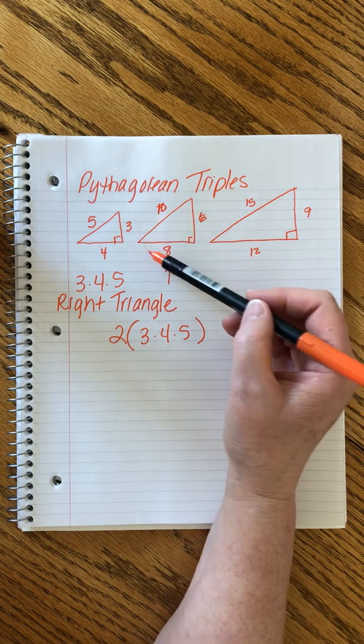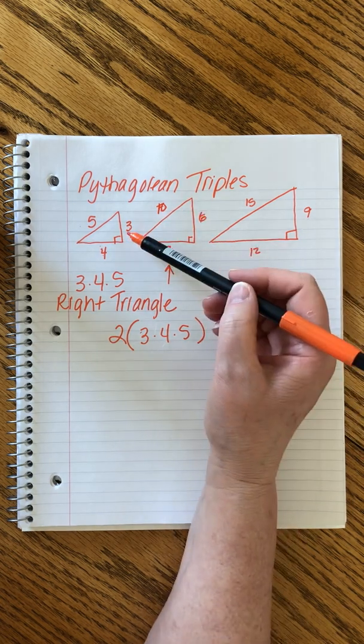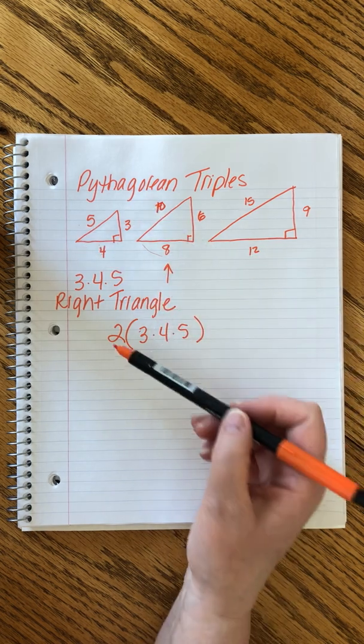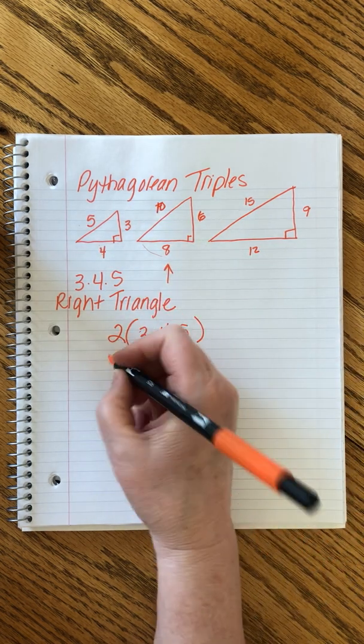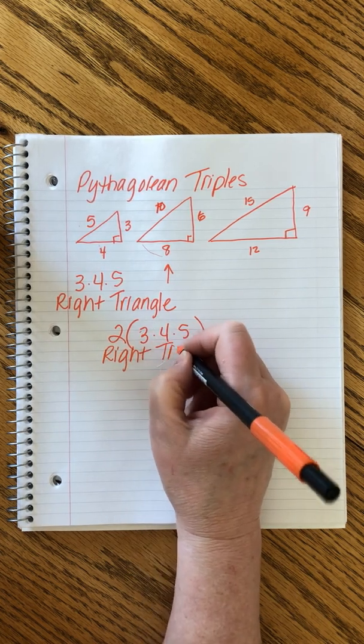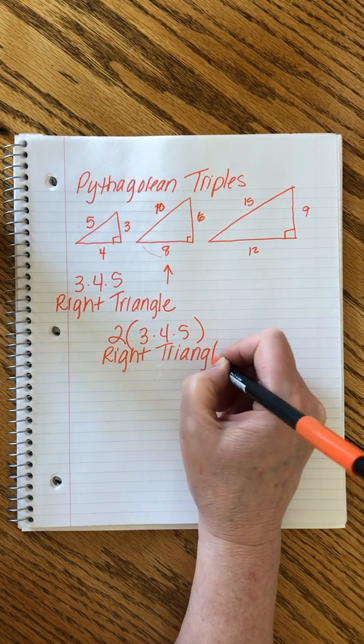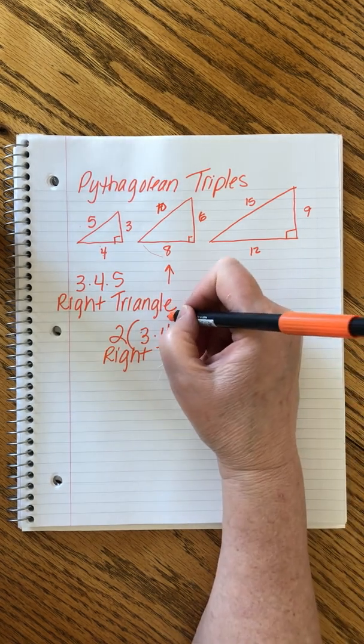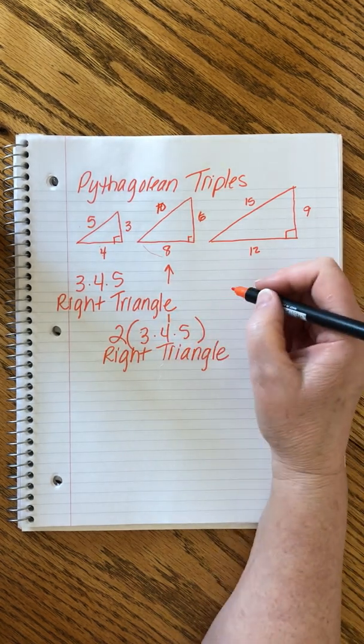So if I can see that these numbers fit this same pattern, I know a quick and easy way to solve these sides. I can just use proportions.